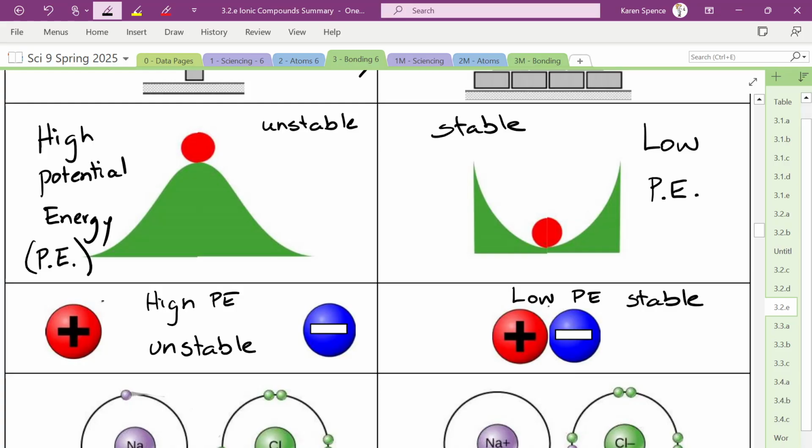So if you have a positive and a negative, and you put them near each other, they will naturally move towards each other. If you want to split them apart, you have to put in energy. You have to rip them apart, right? You would have to grab one and grab the other and go, "Ugh." They won't naturally fly apart.